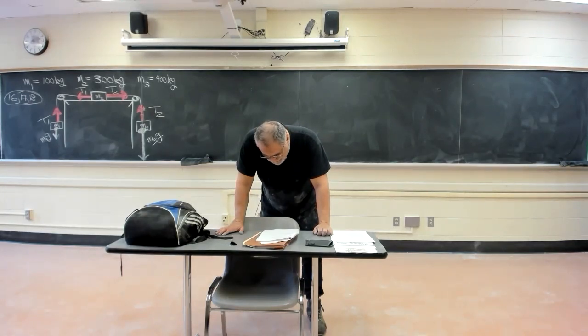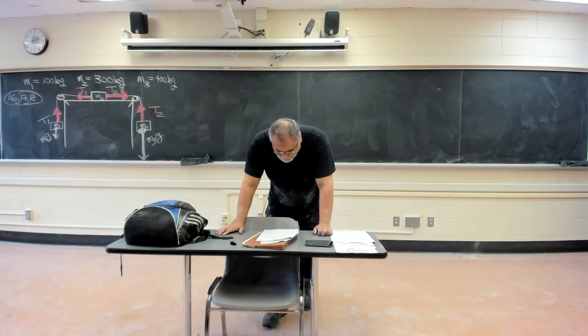They tell us to use the following information for problems 16 through 18. M1 is 100 kilograms, M2 is 300 kilograms, M3 is 400 kilograms, and you will assume no friction, massless pulleys and massless rope. So the rope has no mass, the pulleys have no mass, and there's no friction.